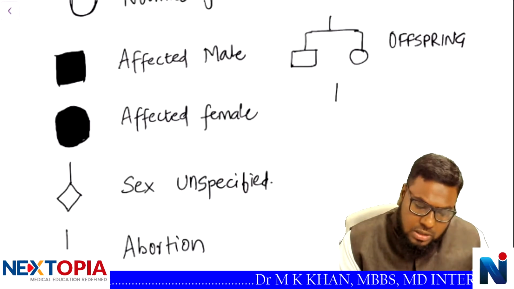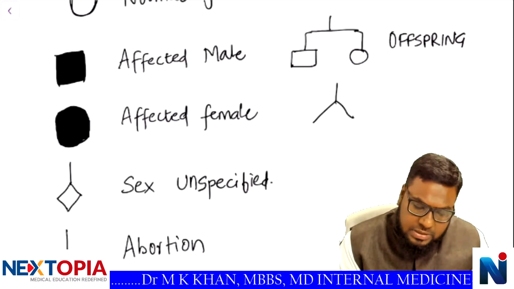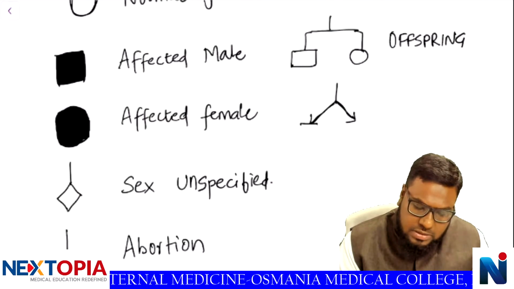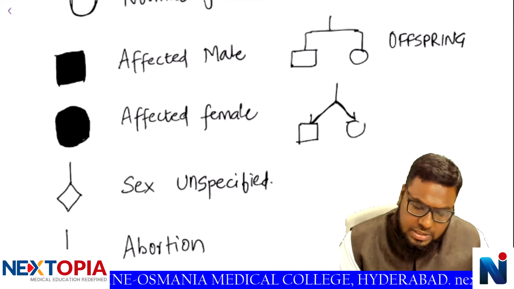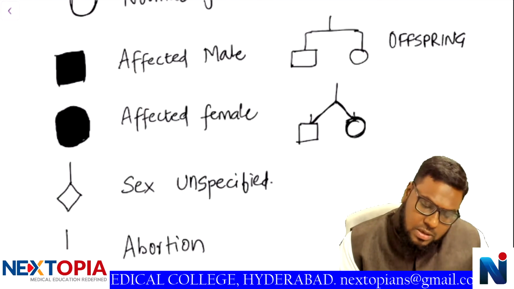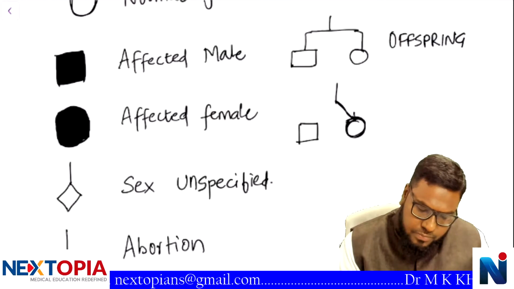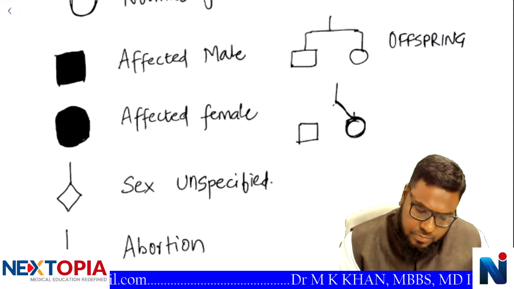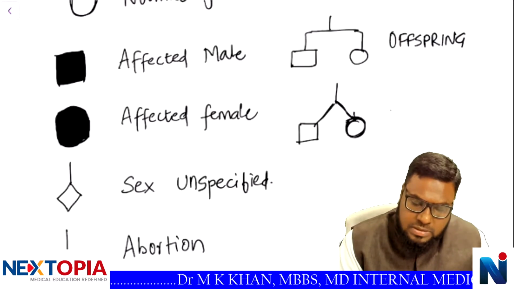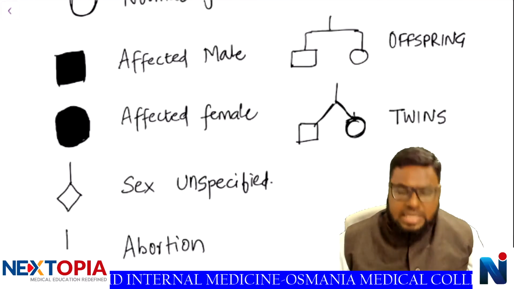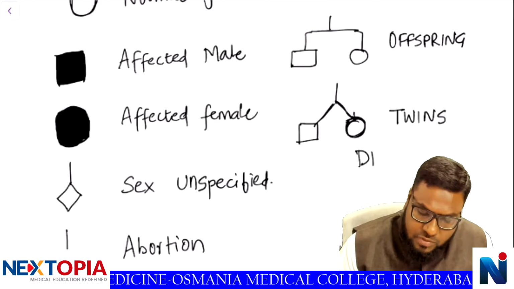If I draw a diagonal flow chart like this, and if I draw characters like this, all right, it means they are twins. Obviously here in this case we have got dizygotic twins.